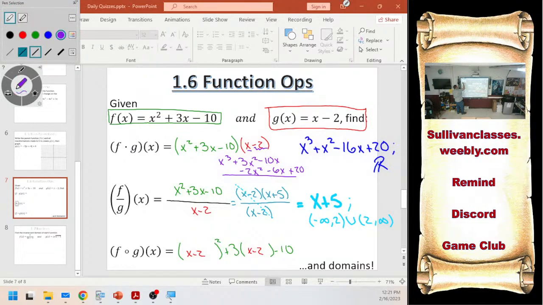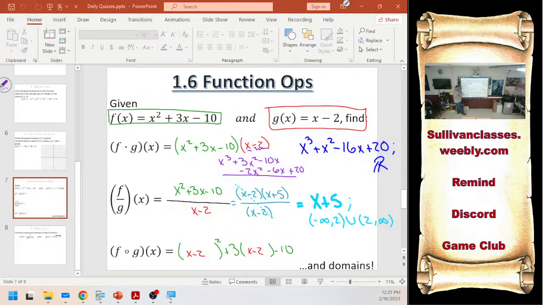when you distribute or square, don't do like freshmen, that's x squared minus 4x plus 4, then plus 3x minus 6, then minus 10.